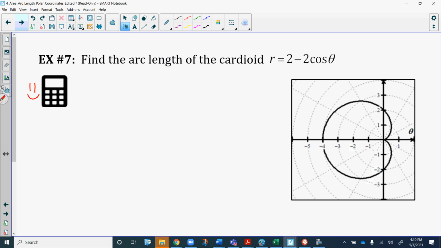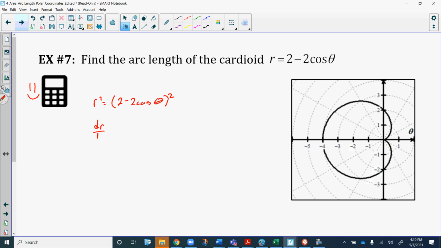But in this case, if we're going to say r squared, I'm going to take the expression that we have, and I'm not going to try to expand it or anything. I know I'm going to use a calculator on this. I'm just going to say 2 minus 2 cosine of theta, and I'm going to square it. Now the dr d theta, we're going to have to look at that one.